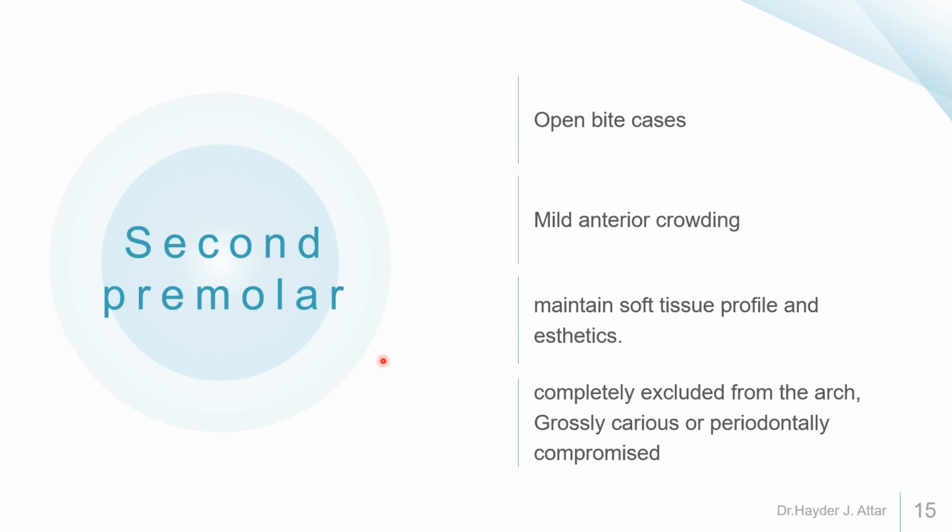So it's easier to extract the second premolar in mild anterior crowding and close the space by relieving the crowding and protraction of the posterior teeth. In addition, we need to maintain the soft tissue profile and aesthetics and give good support for the lips by the anterior teeth in cases of mild crowding.